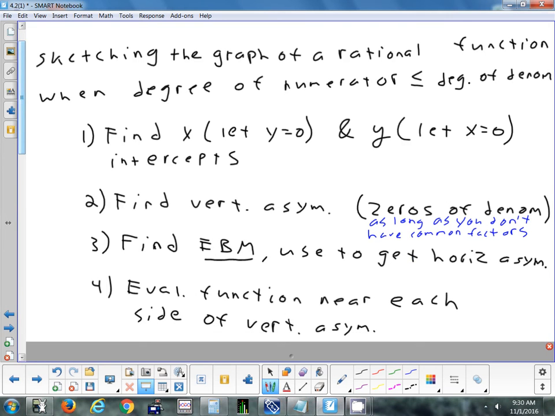After we have our vertical asymptotes, I'm going to check a point very close to it. Let's say I had an asymptote at 2. I'm going to check an x value at 2.01, and another one at 1.99. What's usually going to happen with a vertical asymptote is that on one side you're going to be up very, very high, and on the other side, down very low.